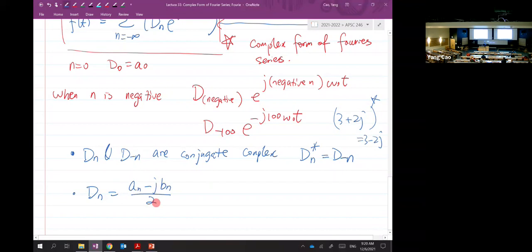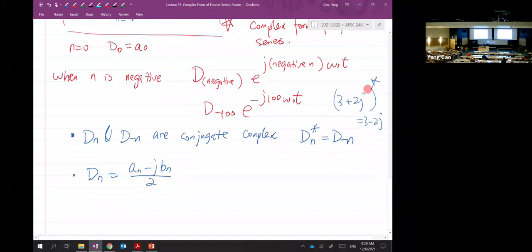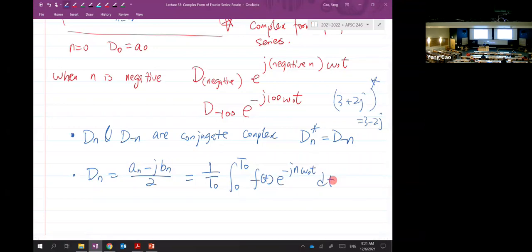Without giving the proof here, we can show that this is equivalent to 1 over t naught, integral from 0 to t naught of f of t e to the power negative jn omega naught t dt. So dn, we can show that this is equal to this.